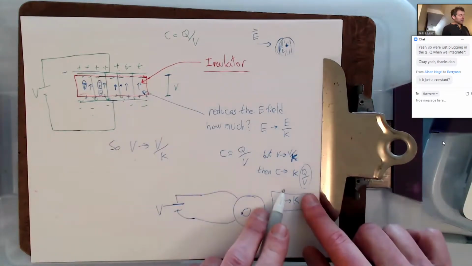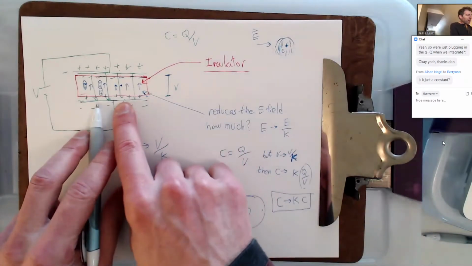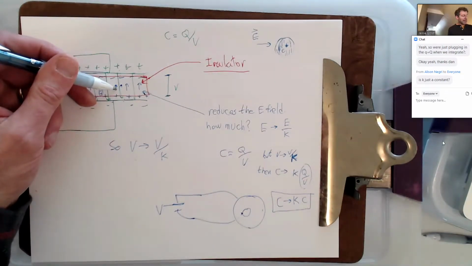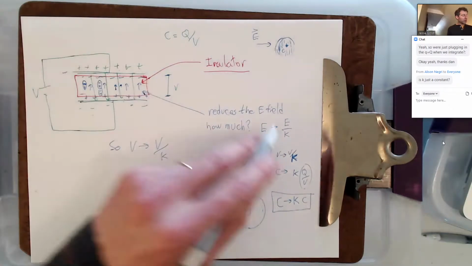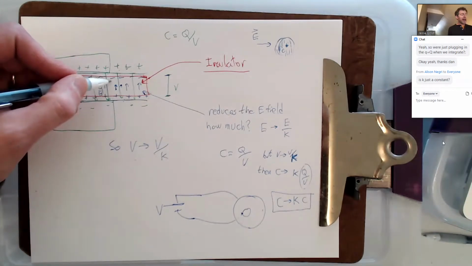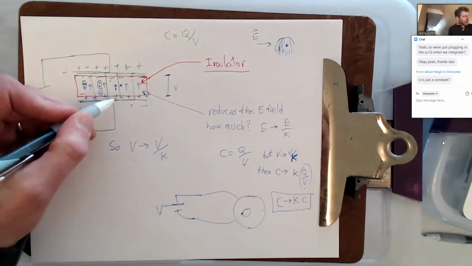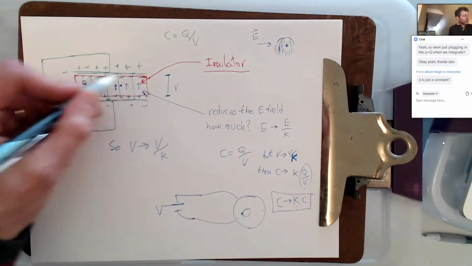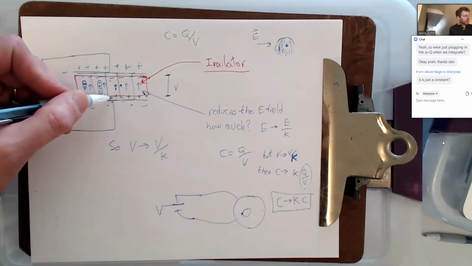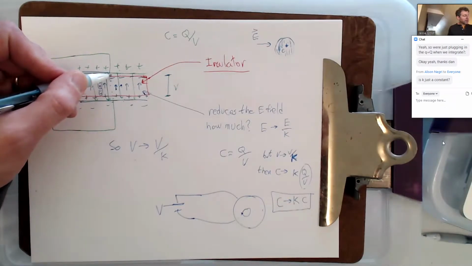This arithmetic is fine, but I think it's better in this case to just think of why that makes sense. If I cut the electric field by a factor of K, so now it's weaker, say K is 2, the electric field in here is half as strong as it was. If these were parallel plates, the potential difference is just the electric field times the distance I move from one plate to the other.